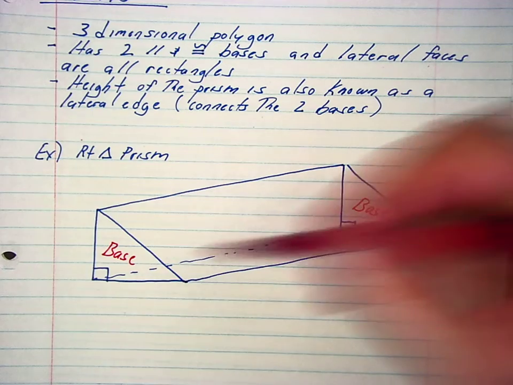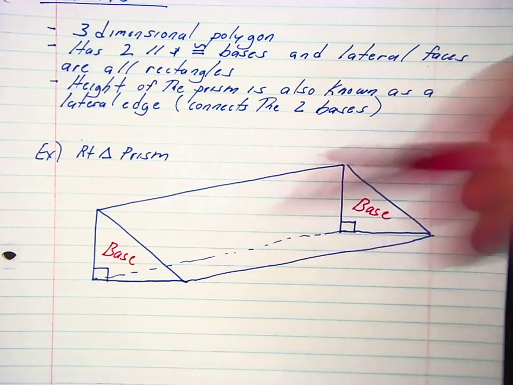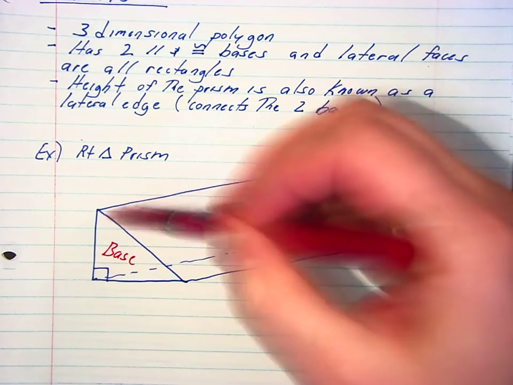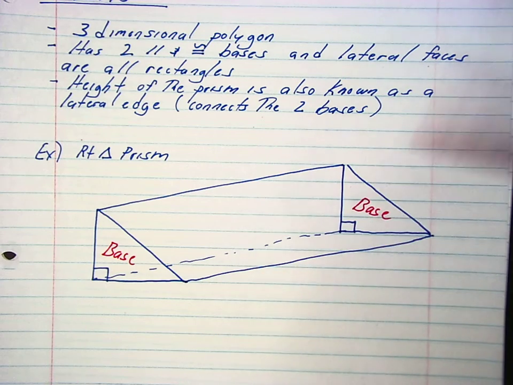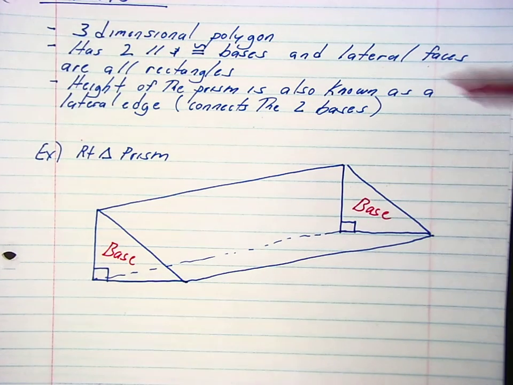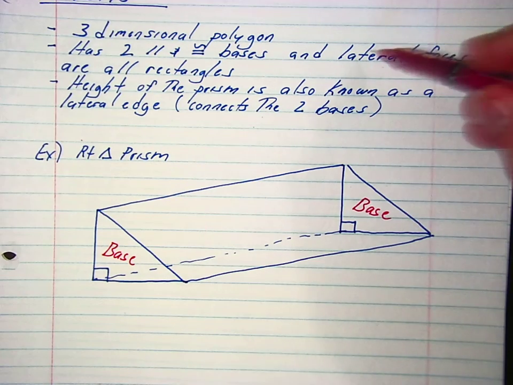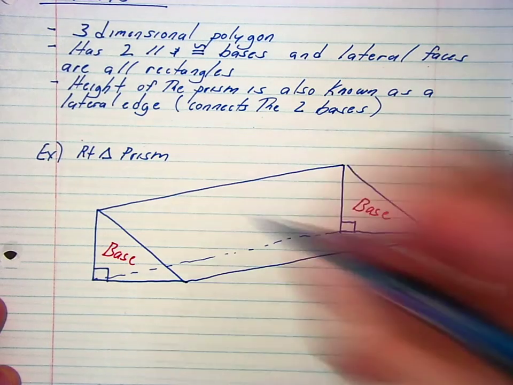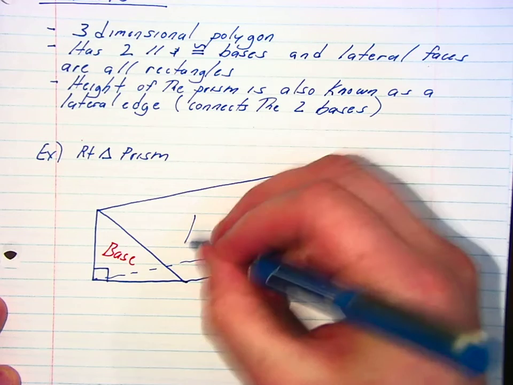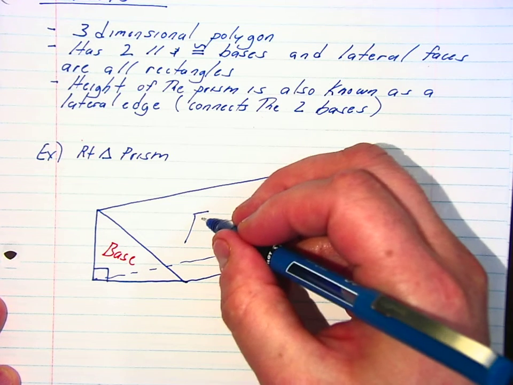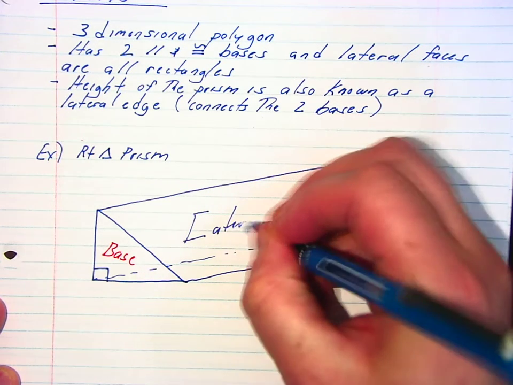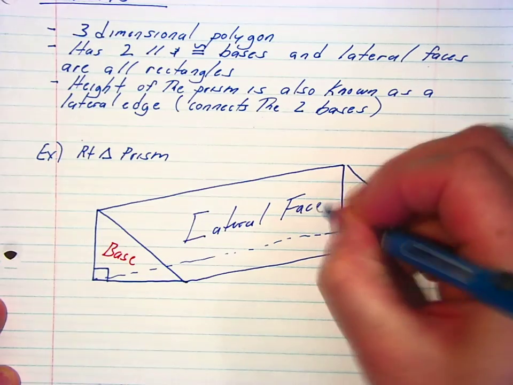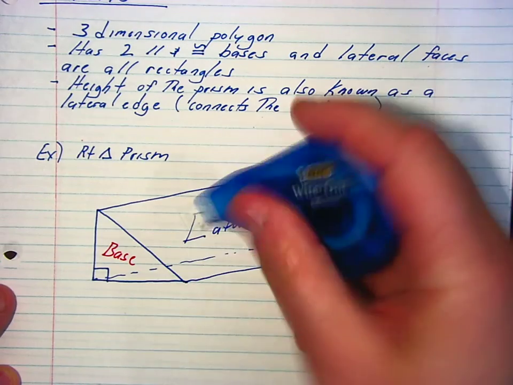We got the bottom, we got the back, and then we got this slanted rectangle. So those three rectangles together are all known as the lateral faces. So I'm just going to put one big one. So like this is a lateral face.